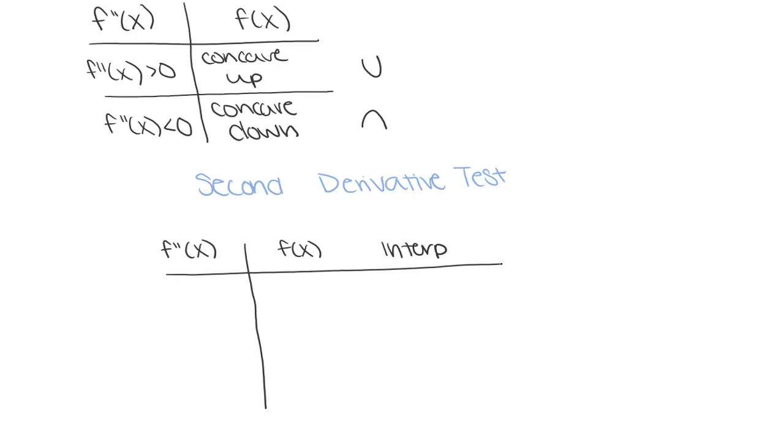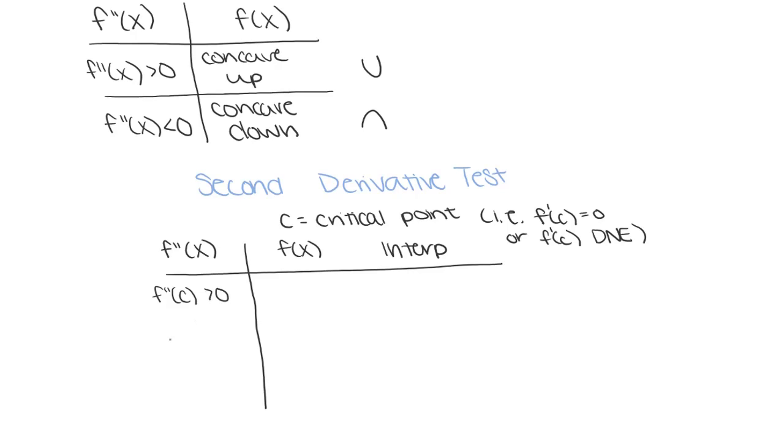And we are looking at c is a critical point. That means that f prime of c equals 0 or f prime of c does not exist. That's what we mean by critical point. Okay, so either the second derivative is positive, it is negative, or it's 0. Three possibilities here.